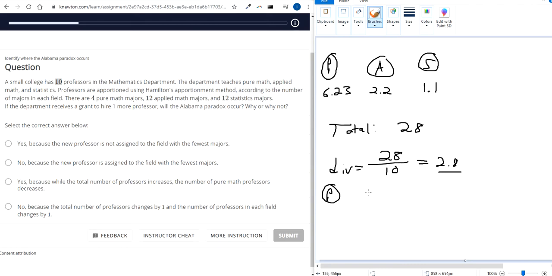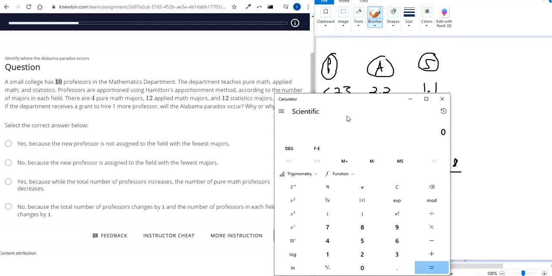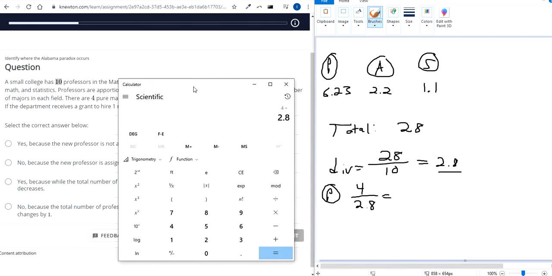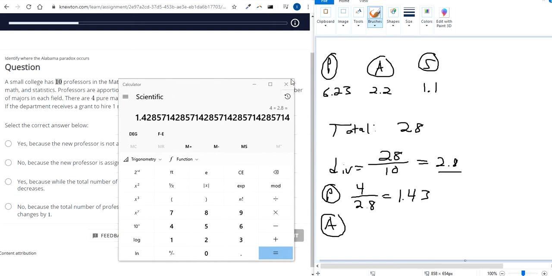So the pure math department has 4 math majors, and if you divide that by the standard divisor, then we've got 1.43 roughly. Should have 1.43 professors. So that obviously poses a problem because you can't have 0.43 of a professor.